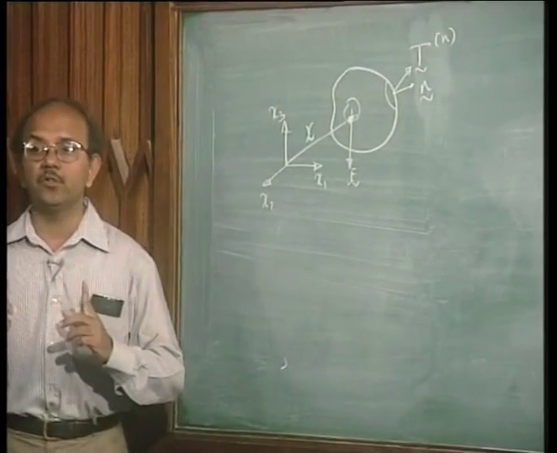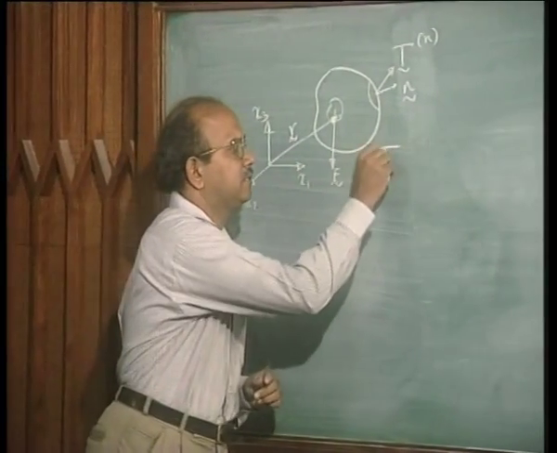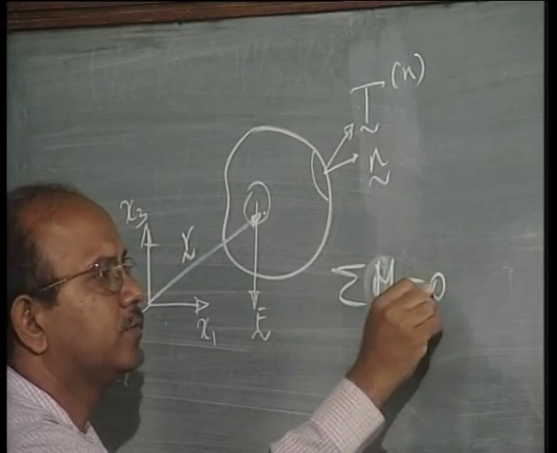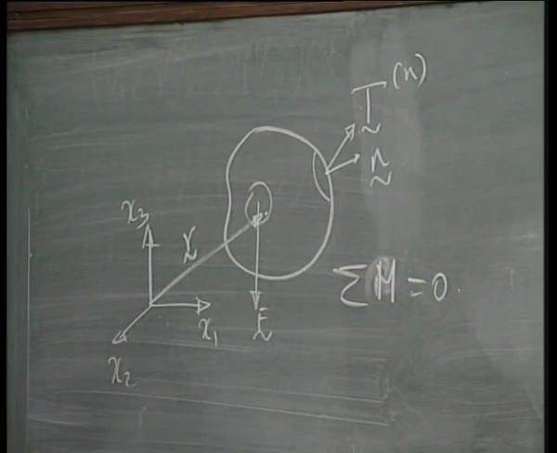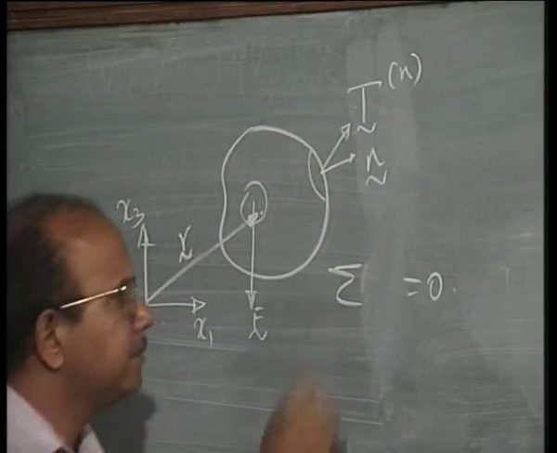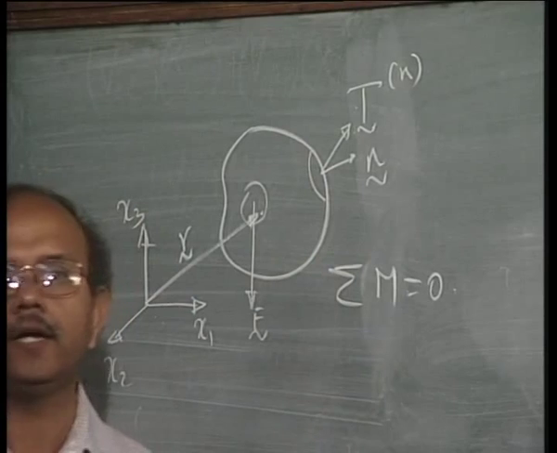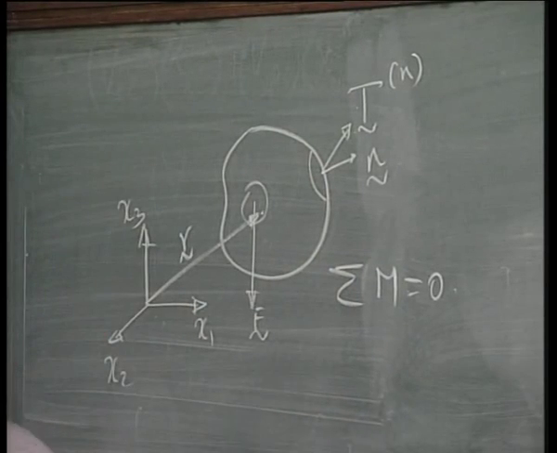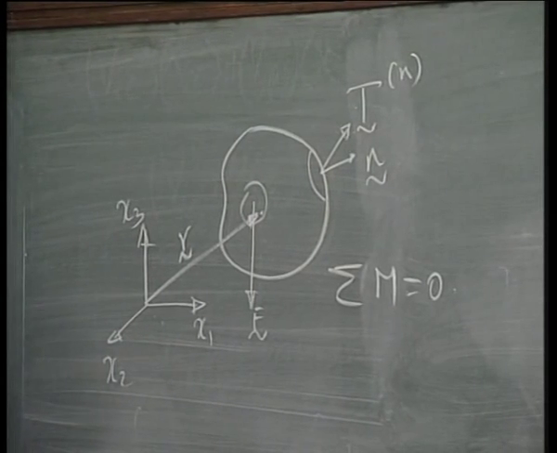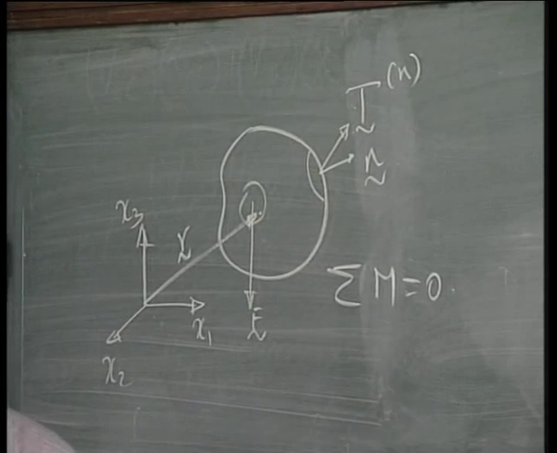Now what is it that I'm going to do now? I'm going to say that sigma m is going to be 0, and what is the effect of sigma m? That's what I'm going to do now. Now how do I do that? What is it that I'm going to do? I'm going to take a moment about the origin.